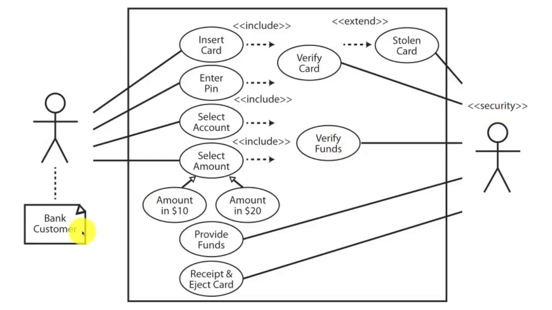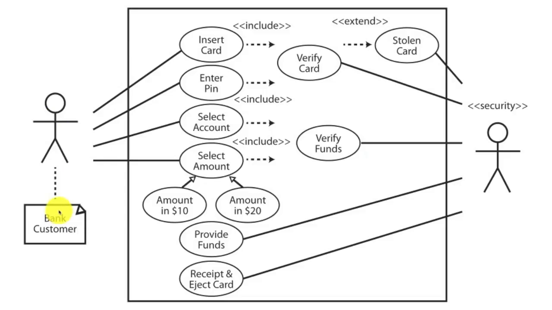Over here is a symbol for a note. Inside of the notes, you're going to provide certain comments, a lot more information than just bank customer. These notes can also be known as tagged values. So let's say we wanted to put bank customer inside of here, but we also wanted to connote that we would like the bank customer name or account number or whatever to be assigned inside of here to better represent this little character.